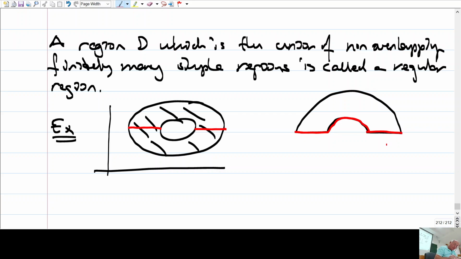Let's say this is y equals c(x), and this part is y equals d(x). So this region is y simple.